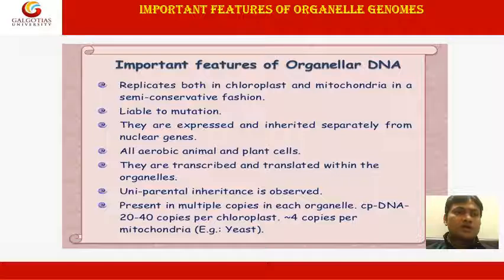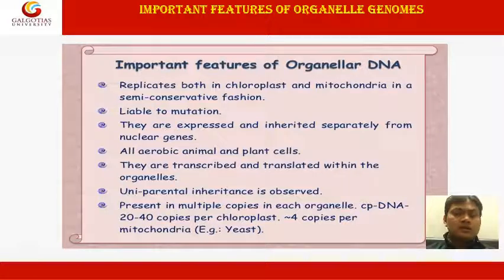Another property is that they are liable to mutations; both the chloroplast and the mitochondrial DNA can mutate. The next property is that they are expressed and inherited separately from the nuclear genes, meaning they are independent from the nuclear genome and can be inherited by the offspring and expressed.